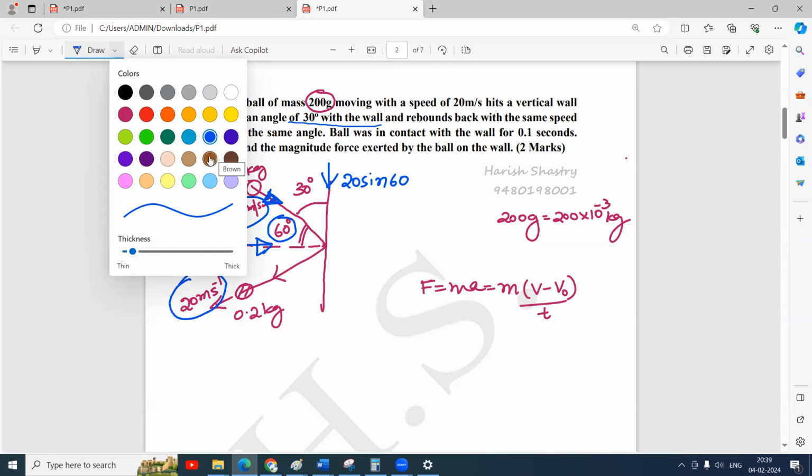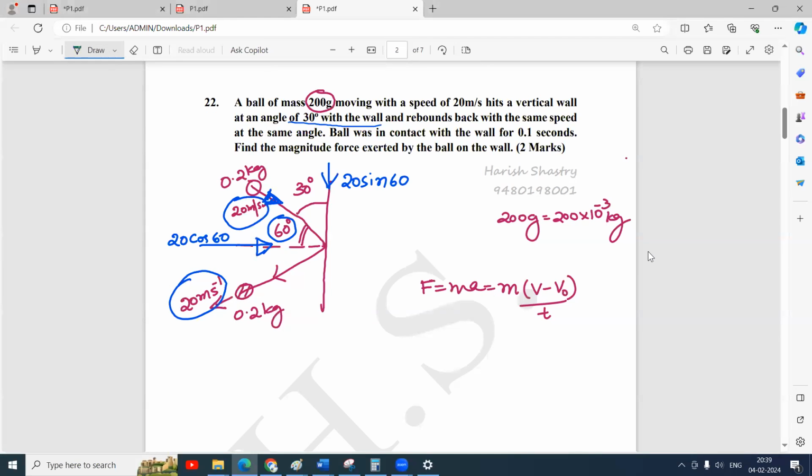Now, what about after hitting the ball and going out of the ball? Then the direction will be different. So if you want to mention the components here, see the direction of the ball, it is like this. So now if you take a component in this direction, and again take the angle, this one as 60, then this is the 20 sine 60 along the direction which is parallel to the wall, and 20 cos 60 here, it is in this direction. So you see the direction of motion of the ball.